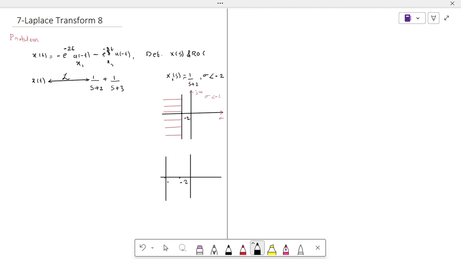Here also, sigma less than minus 3. The x-axis is sigma and this is the imaginary axis j omega. So here sigma less than minus 3.